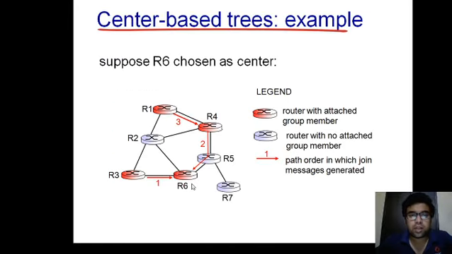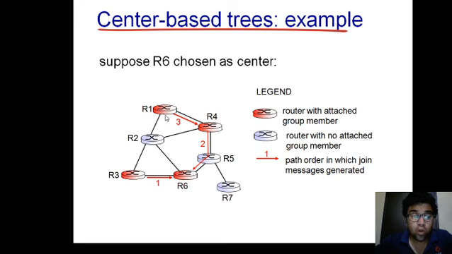Now in this slide, you can see a center based tree example. Suppose in this network, which has 7 routers, you have chosen R6 as the center router or rendezvous router. Now you are going to create a tree for the multicasting group.